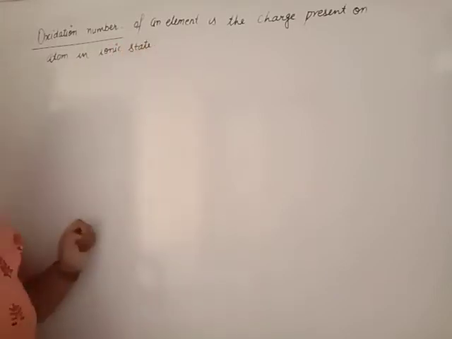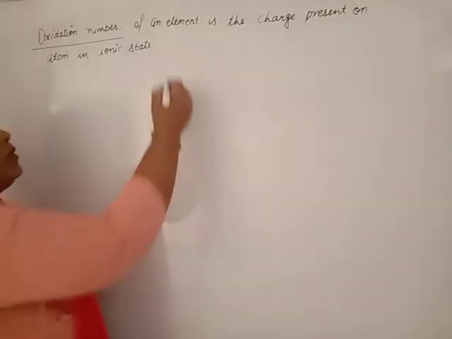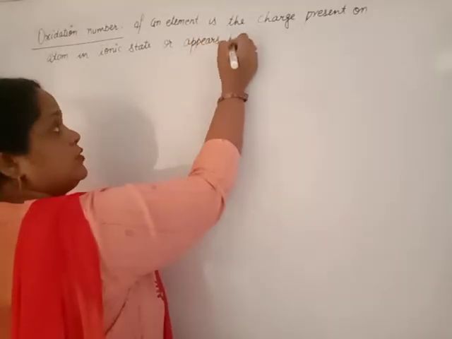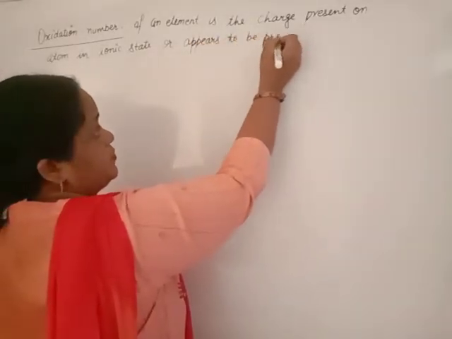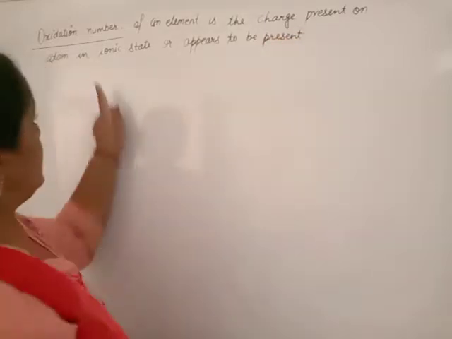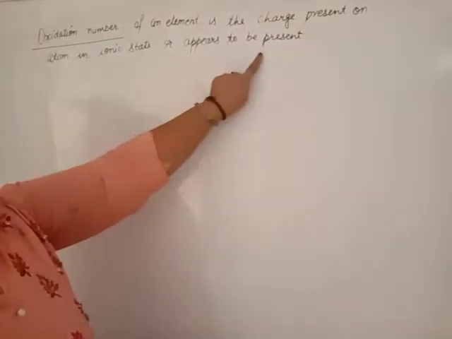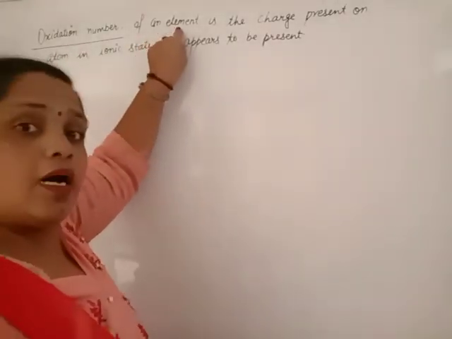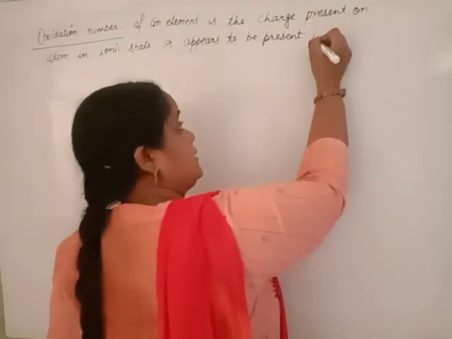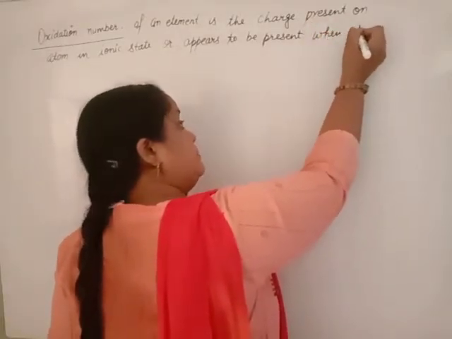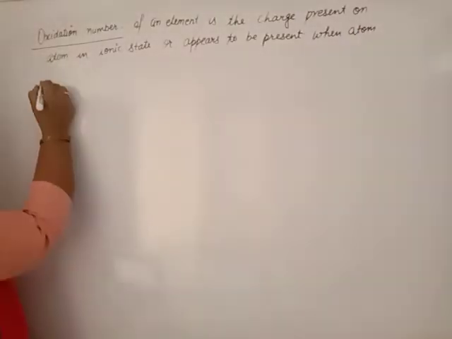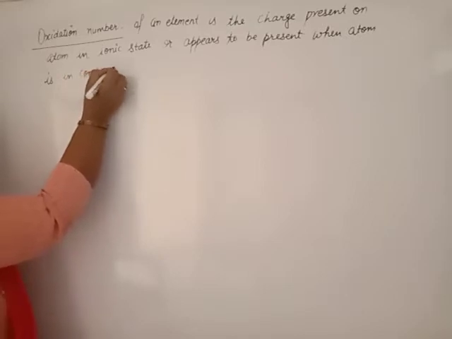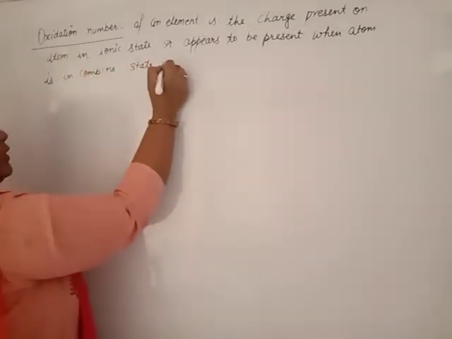If an atom is already present as an ion, or appears to be present as an ion when the element is in combined state with another atom, that is its oxidation number.